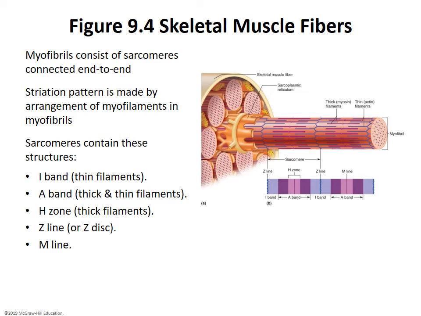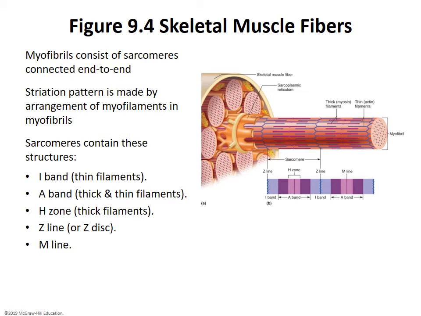The H zone is simply the area where the myosin is not covered up, and the A band is just the length of the myosin. On either side of that, you're going to have this really light band that's going to cross over from one sarcomere to the other, and it's called an I band. The I band is the area where the actin is uncovered.